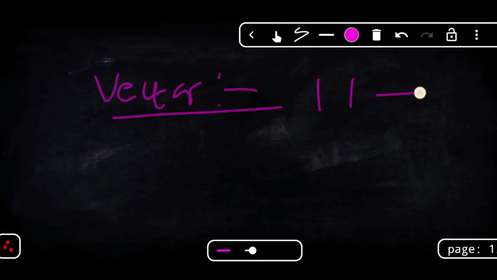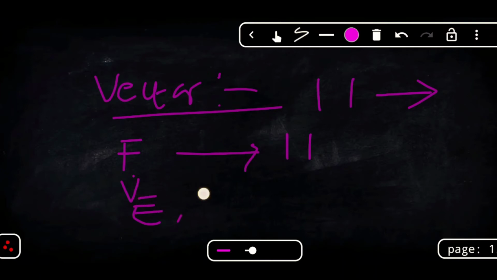The various examples of vector quantities are force. Force is in a particular direction with some magnitude. Velocity v also has a particular direction and magnitude. Then electric field intensity, which comes in the first unit, electrostatics, magnetic field intensity H, and acceleration.